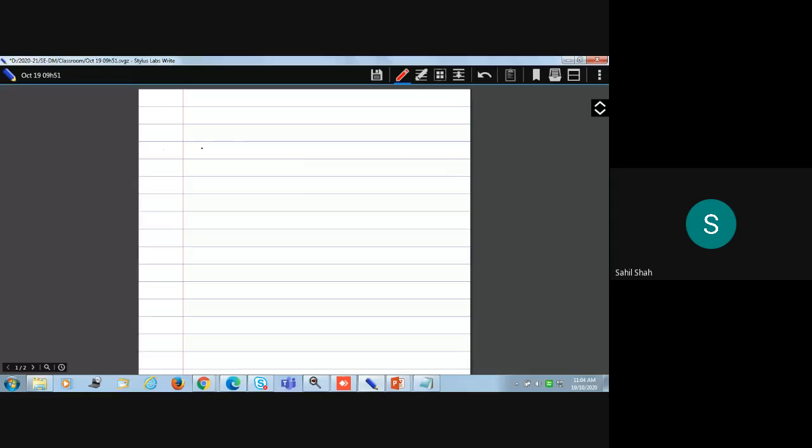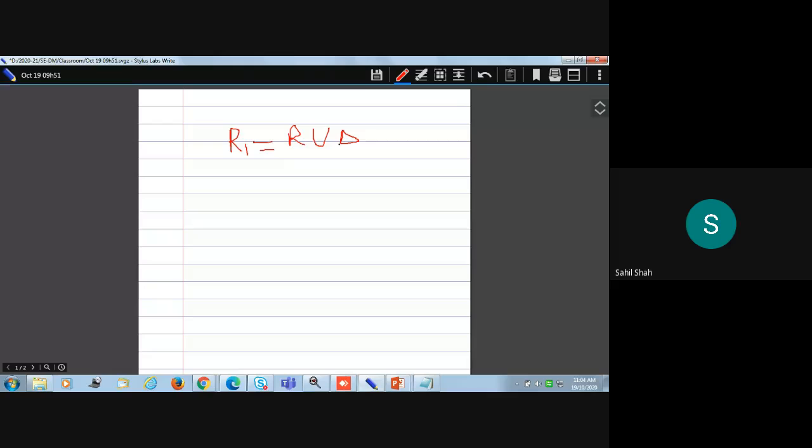So we could have R1 as a reflexive closure of R, which will have R1 equal to R union delta. So what is this delta?